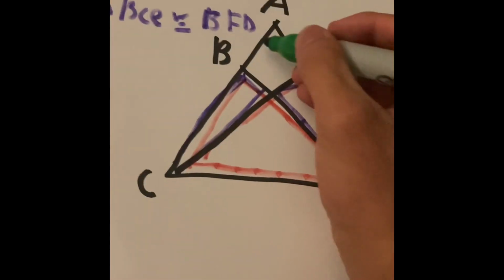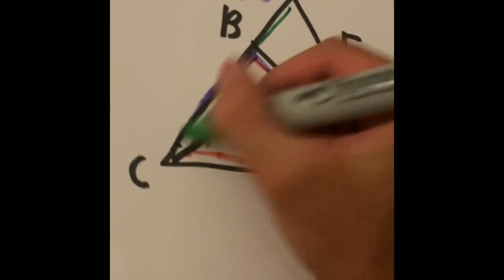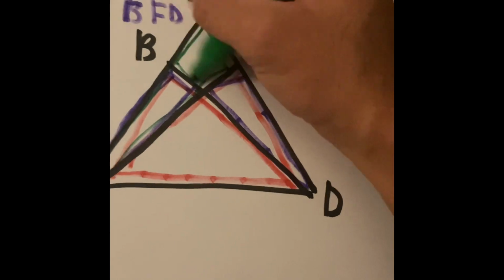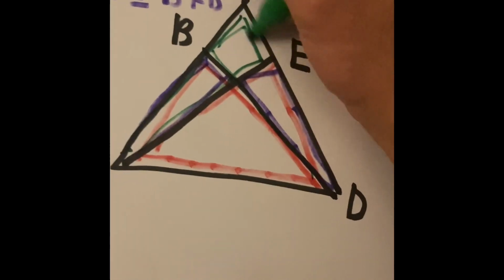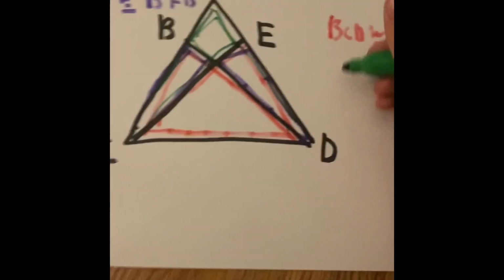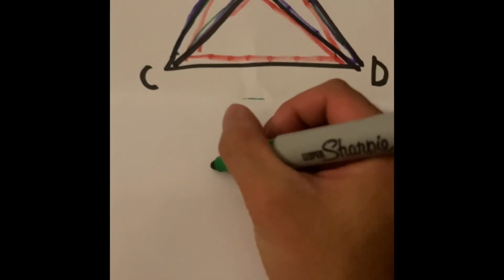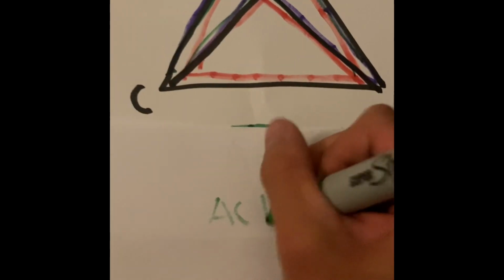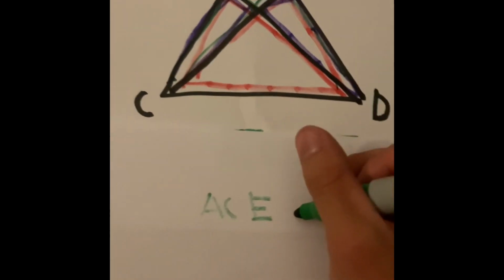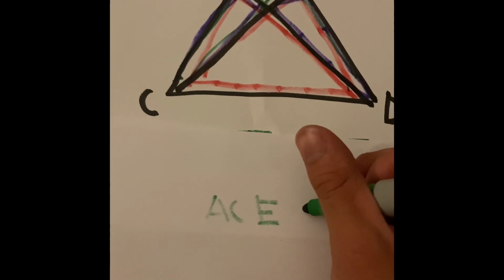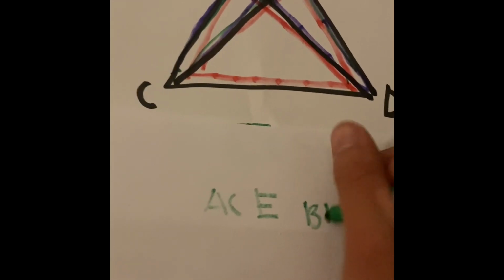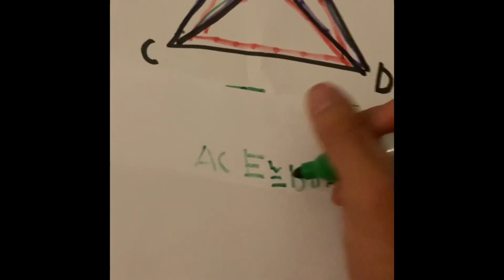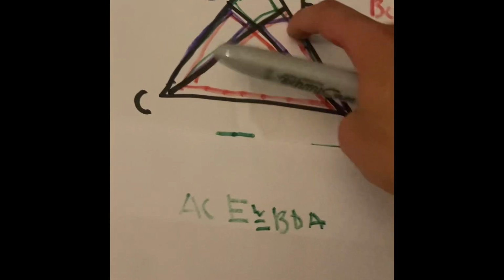So we can say ACE and BED, and then we could also say ACE and BDA, and they can be congruent.